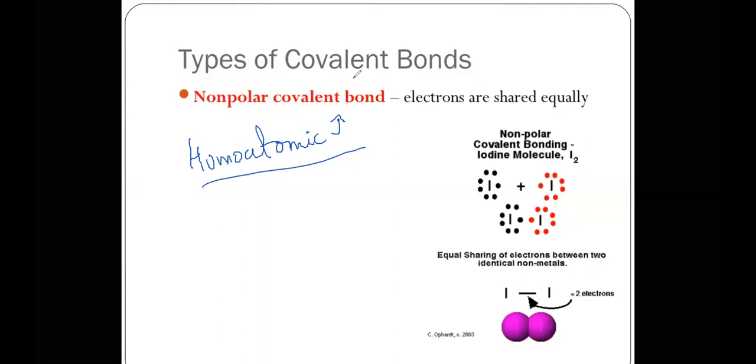Which contains only one type of atom. Yes, absolutely, it contains only one type of atom, like H2, Cl2, F2. In general you can call them non-polar covalent bonds, because in all those cases we observe equal sharing of electrons.